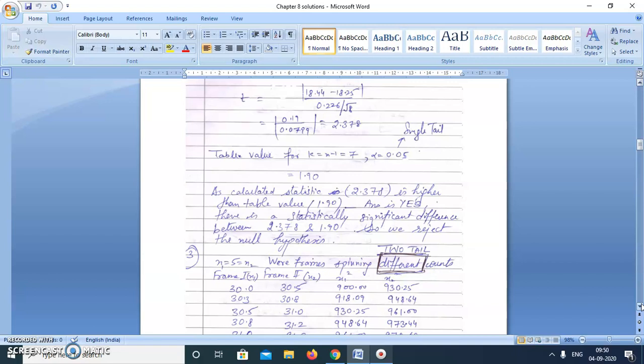So here it is 0.05 and table value is 1.90. So calculated statistic is higher than table value. So the answer is yes, there is a statistically significant difference between the sample mean and the population mean. So we reject the null hypothesis. The null hypothesis said there is no difference. Now if the difference is there, then answer is yes. So we reject the null hypothesis.